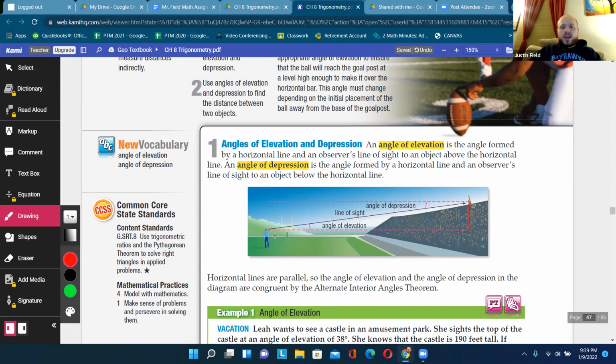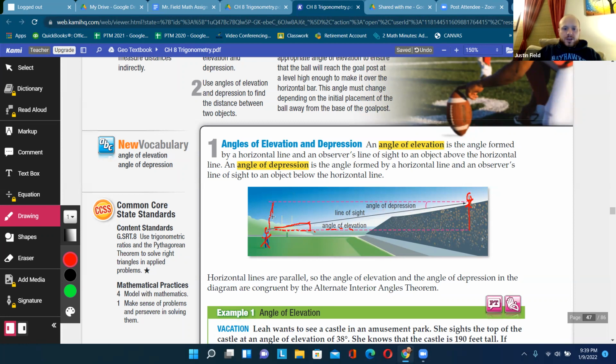All right, so angle of elevation, that's if you're a guy here and you're looking up into the sky, the angle with respect to the horizontal that you have to look up is called the angle of elevation. The angle of depression would be someone up here and then they're looking down, right?